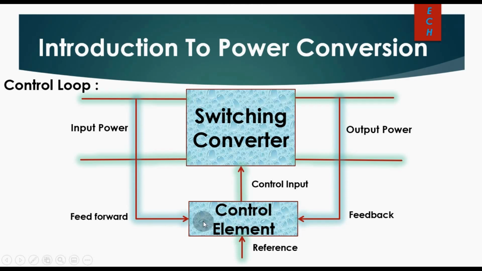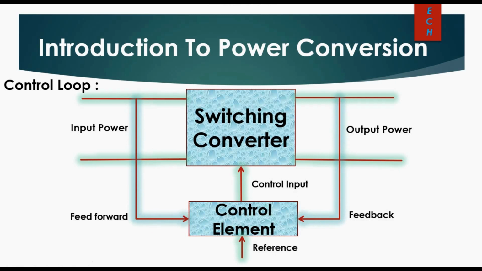This is the control element, and this is the reference. If your control element controls the output power, it is called feedback in control system. If your control element controls the input power, it is called feed forward in control system.